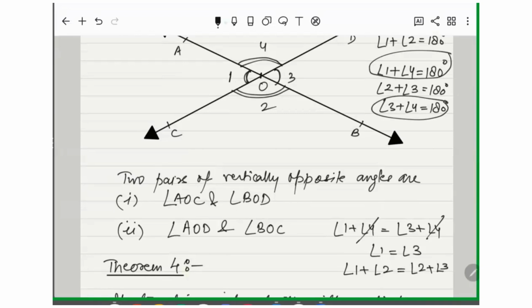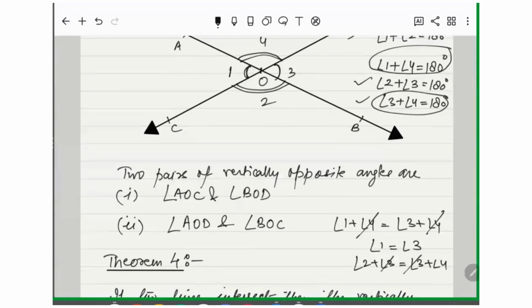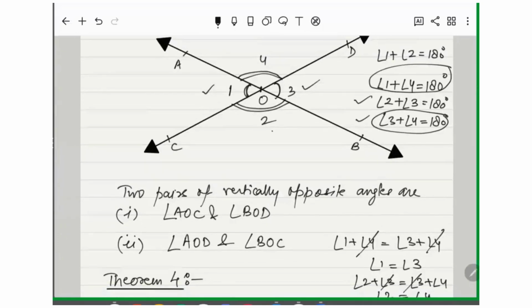Or you can equate the other two to get the other one. So angle 2 plus angle 3 is equal to angle 3 plus angle 4, from this and this, right? So angle 3 will cancel from here, and you will find that angle 2 is equal to angle 4. So what are these? Angle 1 and angle 3, they are a vertically opposite pair of angles, and they are equal. Similarly, angle 2 and angle 4 are vertically opposite angles. We have proved them. Is that clear?